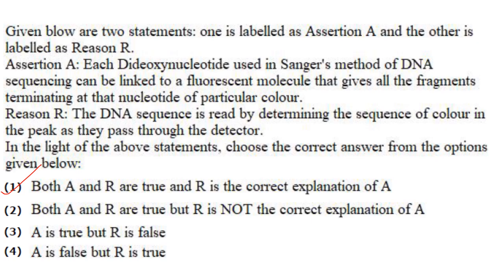So in that way you can identify which is A, which is T, which is C, which is G. Then the DNA sequence is read by determining the sequence of color in the peak as they pass through the detector. That's what I told just now. So assertion A and R both are correct and R is the correct explanation of A. So the answer here is option 1.